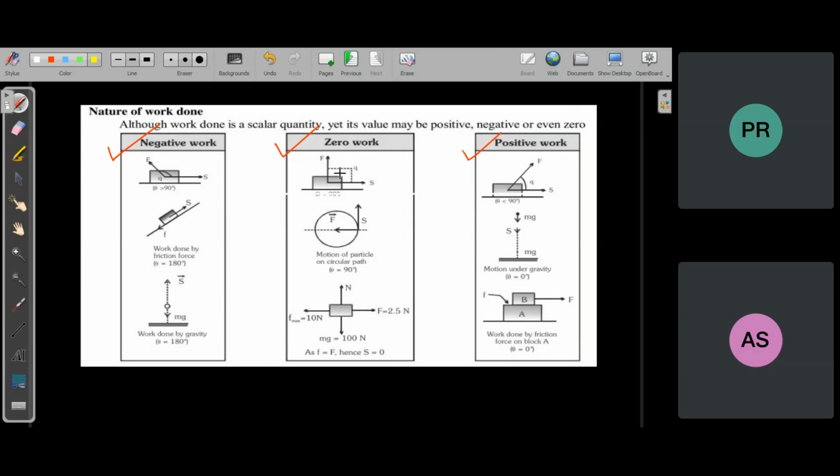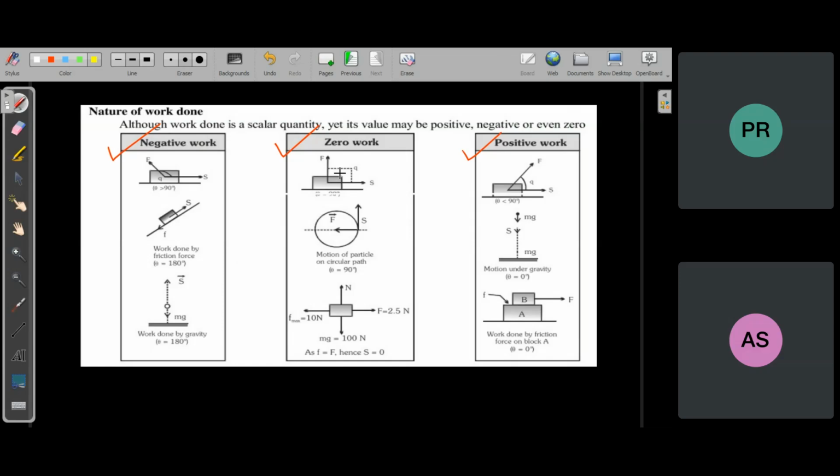But if he is doing negative work, he is taking energy out from that body. So work is a mechanism by which energy can be transferred from one body to another body.